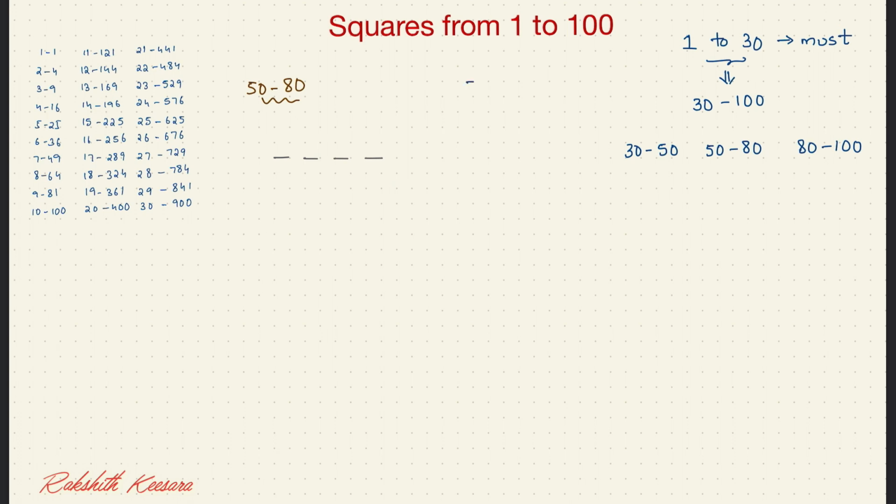Let me take 56. The first step is to find by how much the number is greater than 50. 56 is greater than 50 by 6. Now we need to square this. 6 square is 36, and that will be the last two digits. Very simple.